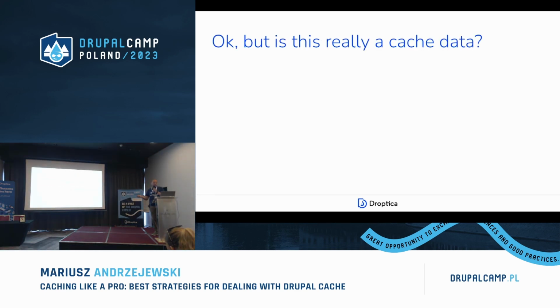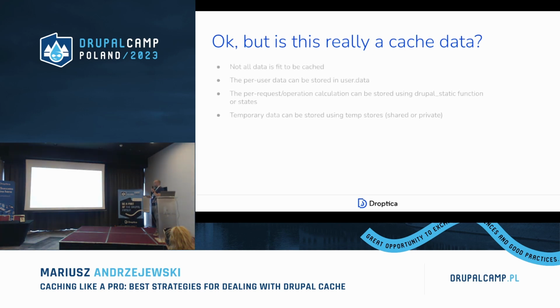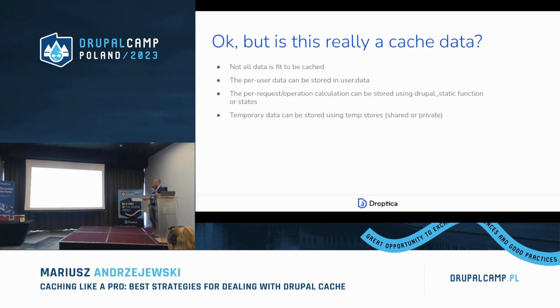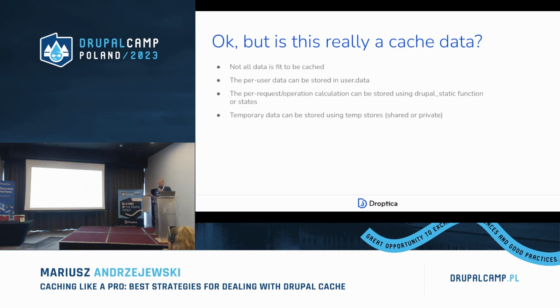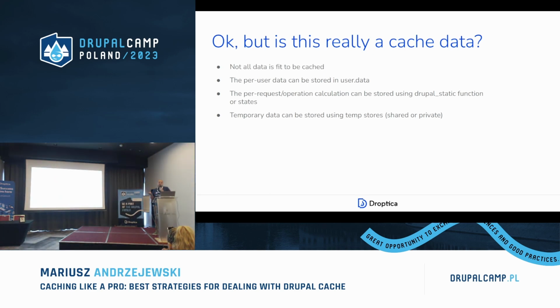And finally, we must ask ourselves if we are always, in all scenarios, actually working with a cache, because sometimes people try to cache things, but this is not something that should be cached. For example, we may have things that should be stored somehow for a user.